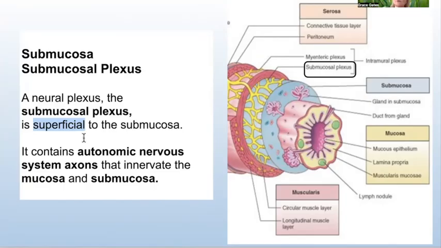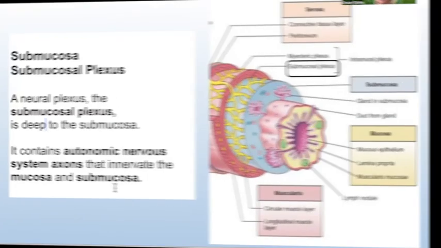If I'm going from the lumen to the mucosa to the submucosa, I should say that the submucosal plexus is deep to the mucosa. Just keep straight where it is. The submucosal plexus contains autonomic nervous system axons that innervate the mucosa and submucosa.